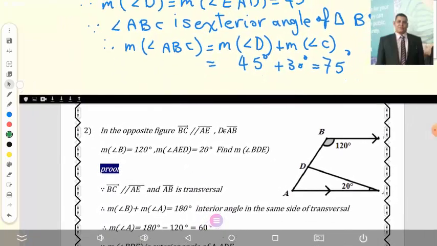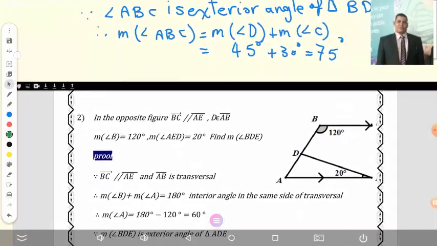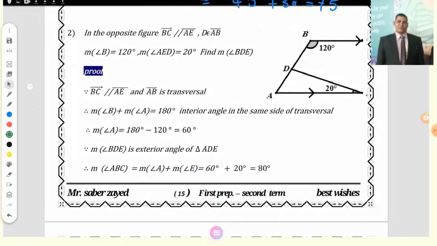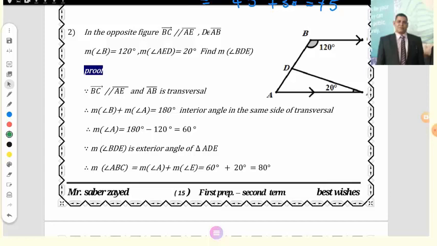Here we have another example, and we want to find the measure of angle BDE. Look at the given.